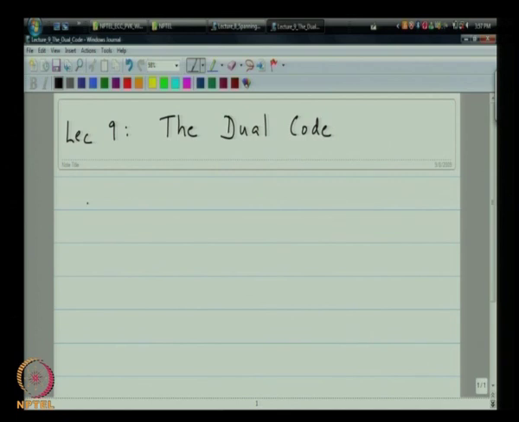Let us take a quick recap of what we did in the last lecture. We looked at the notion of spanning, the space spanned by a set of vectors. We looked at an example of the standard basis and the space spanned by it.